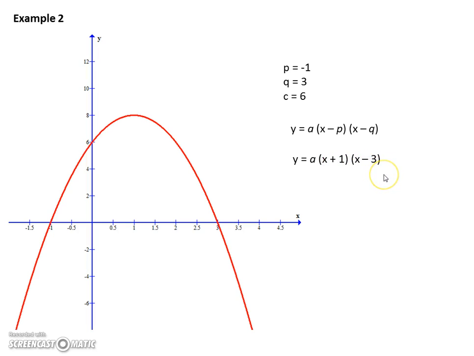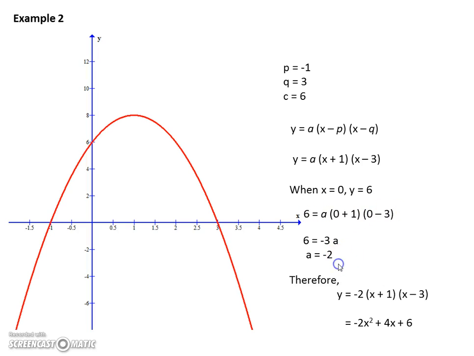Now, like we did before, when x equals 0, y equals 6, so sub those numbers in, and you work out that a equals negative 2. So you sub that back into your original formula up here, and then expand it out, so y equals negative 2x squared plus 4x plus 6. It would look like that.